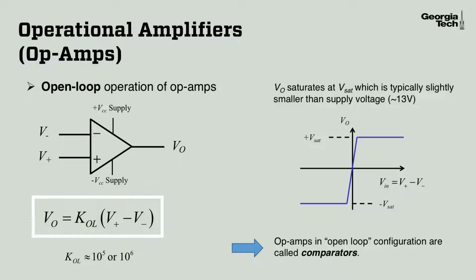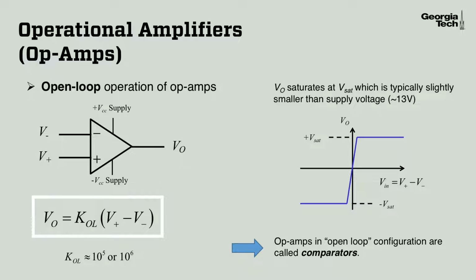Now the op-amp can only output a maximum voltage of what we call a saturation voltage, VSAT, or negative VSAT. So even though K open loop is very large, even small differences between V plus and V minus make the output saturate to either positive VSAT or negative VSAT.